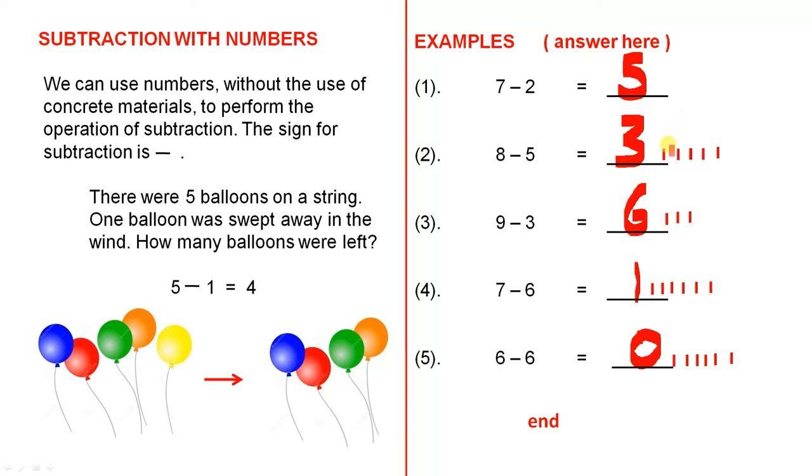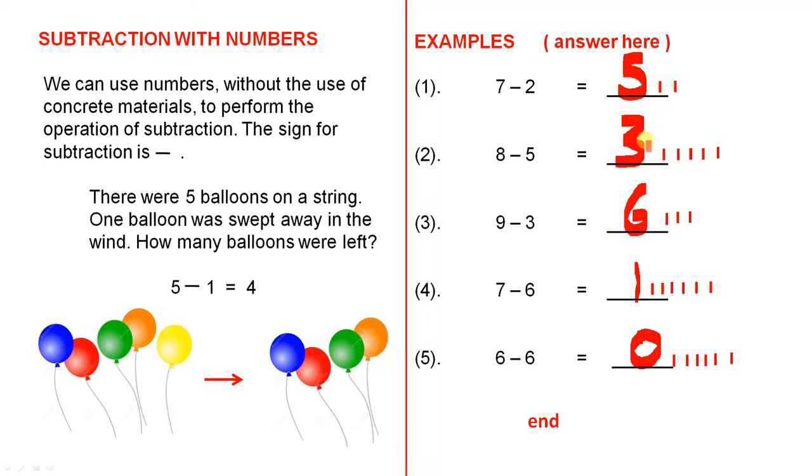So look what's happened. When you have 3 and another 5, that gives you the original 8. This is a good way to check it. That's 8 altogether. 3 plus 5 is 8. They're the 5 that you took away. Same with the first one. If you had 5 and you counted forward 2 places, you put your pencil on 5 and go 6, 7, that's 7 altogether, and they're the ones you took away.